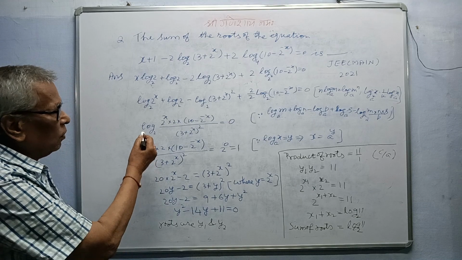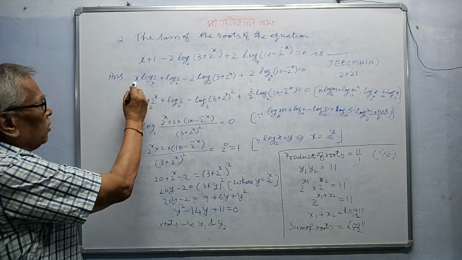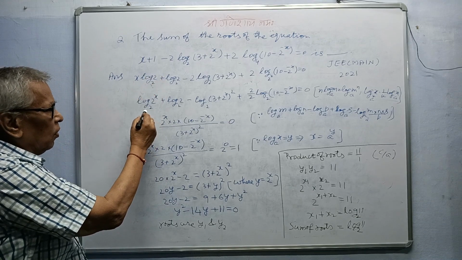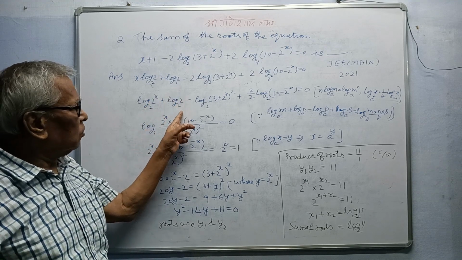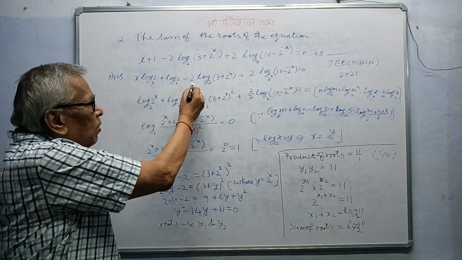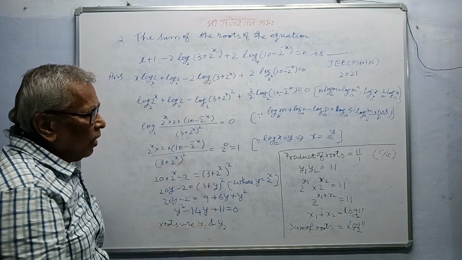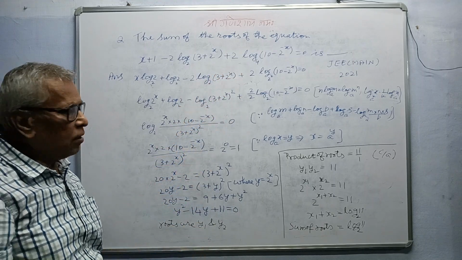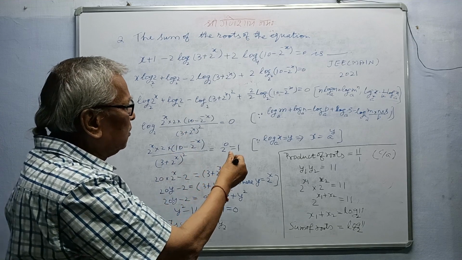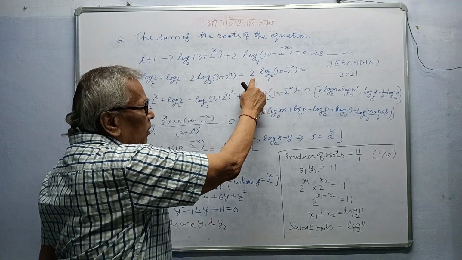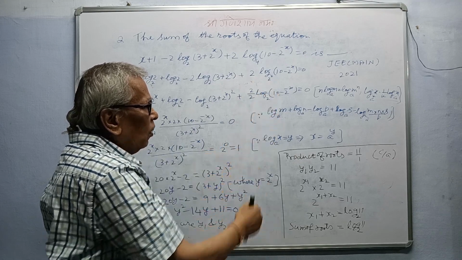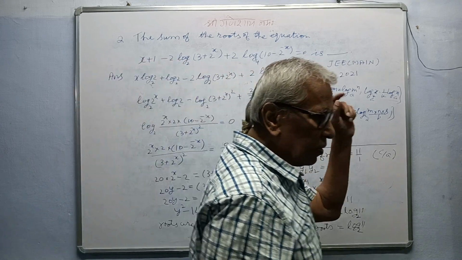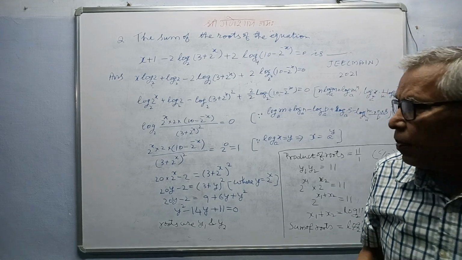So this is equal to log. This x will come here. Log 2 to the power x base 2 plus log 2 to the base 2 minus log. This power will come here to n log n formula as we have applied many times. And this power will come underneath in the denominator. 2 by 2 is equal to log 10 minus 2 power minus x is equal to 0.